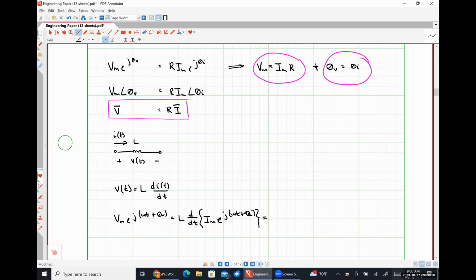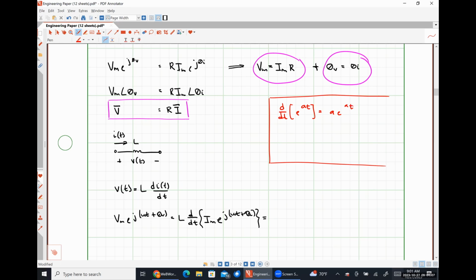That Im is a constant, so we can just move that outside of the derivative. How do I take the derivative of e to the j(omega t plus theta v)? What's that going to look like? Just as a quick aside, I feel like I've already talked to you about this, but that's okay. The derivative of e to the at is a e to the at, right?